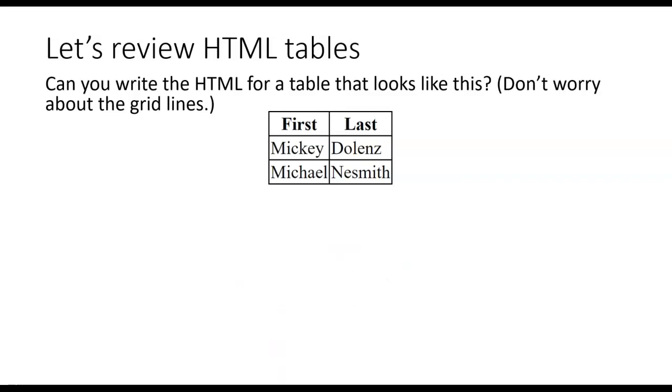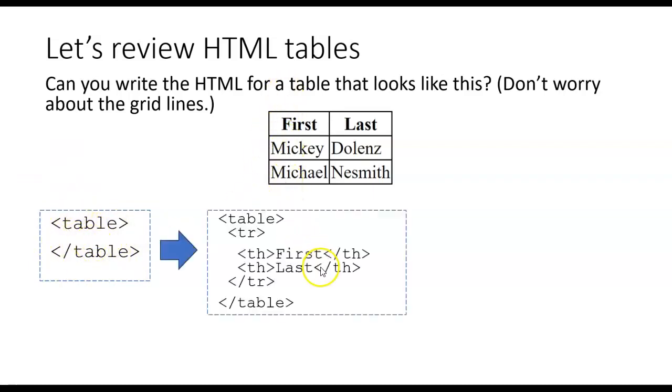When I solve this question with paper and pencil, the first thing I write down is the open table tag and the closed table tag, probably with some space in between. Either that, or I have my eraser ready, because I know that I'm going to have to erase that closed table tag. But get that part done. That gets me the table.